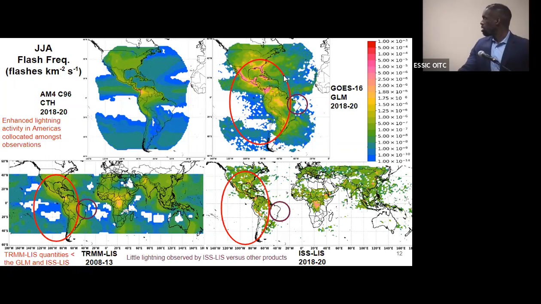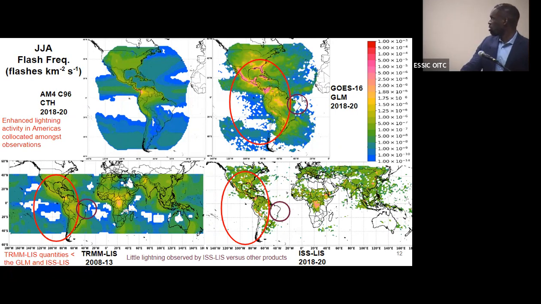However, the observations are telling us that, especially in the Northern Hemisphere, the quantity of lightning is much more than what's predicted by the model.